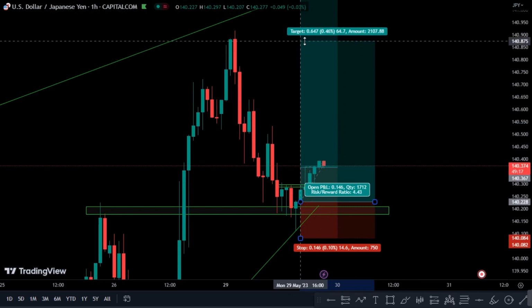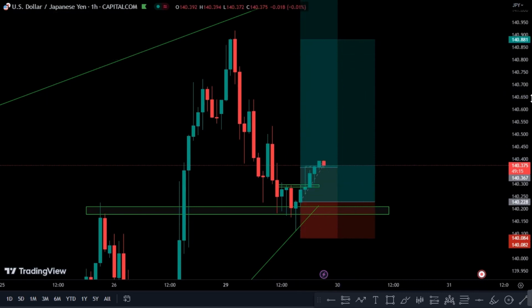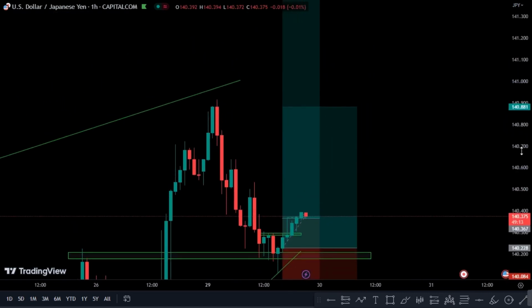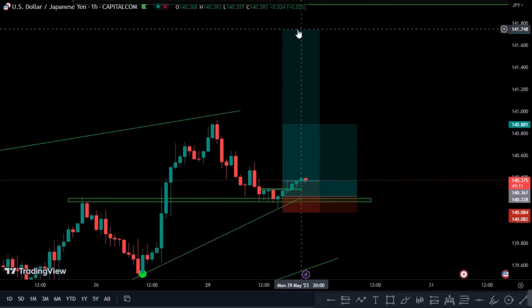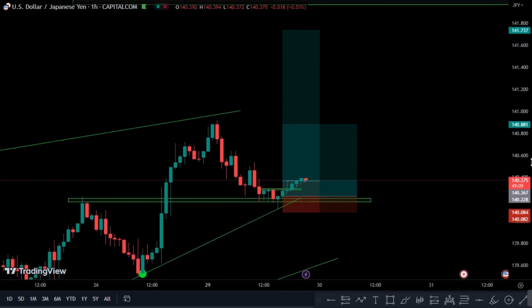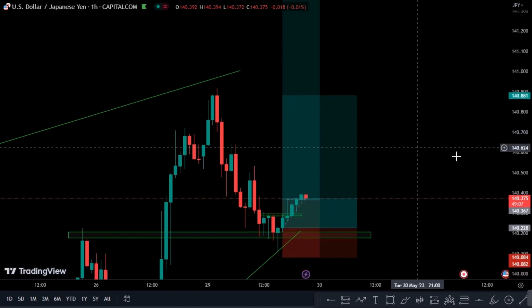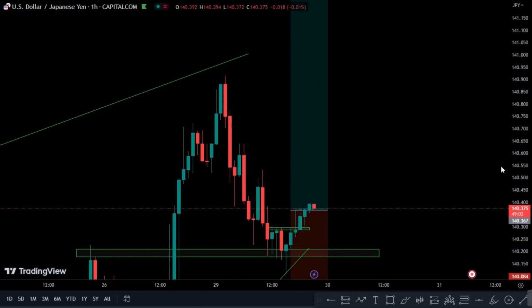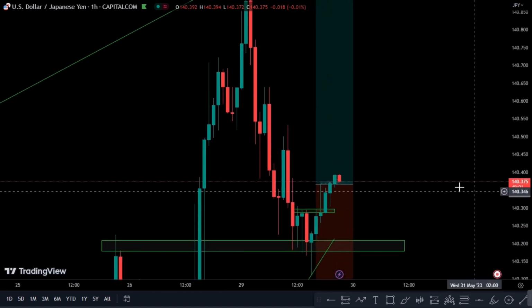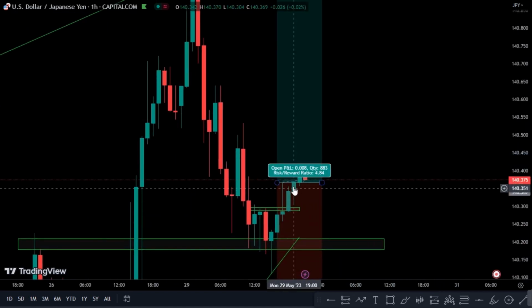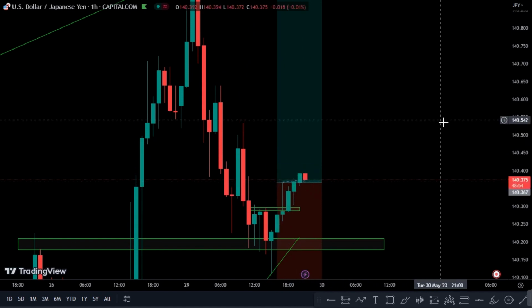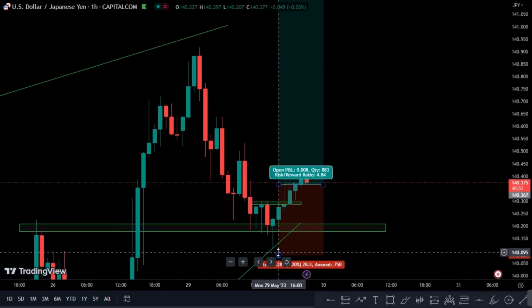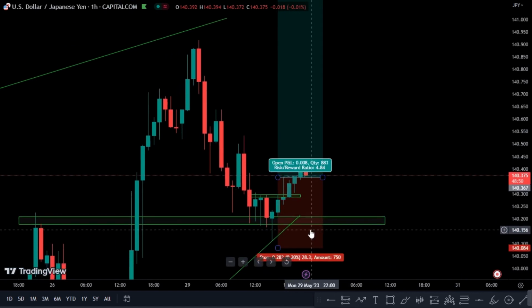And then this area right here is our anticipated first take profit, and the major resistance is our anticipated overall take profit. But we missed the entry right there, and then we decided to take the entry here as soon as this candlestick closed, with our stop loss below this area right here.